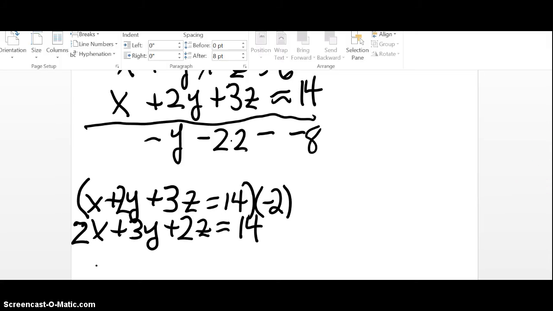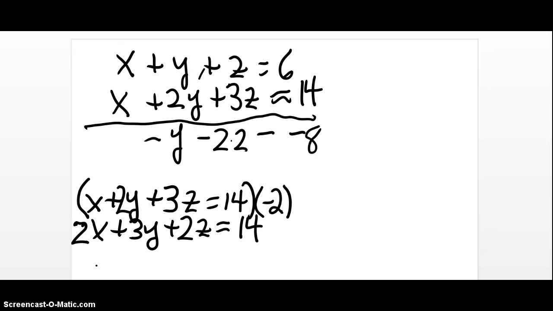Okay, so now what I did is I took equations 1 and 2, x plus y plus z equals 6, x plus 2y plus 3z equals 14, and remember we said a minute ago we're going to eliminate x. And so I took equation 1 minus equation 2. So remember, you have to distribute the negative sign.